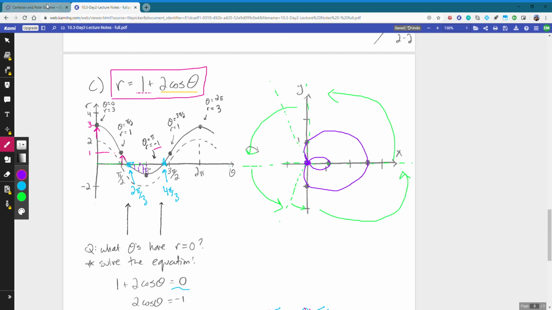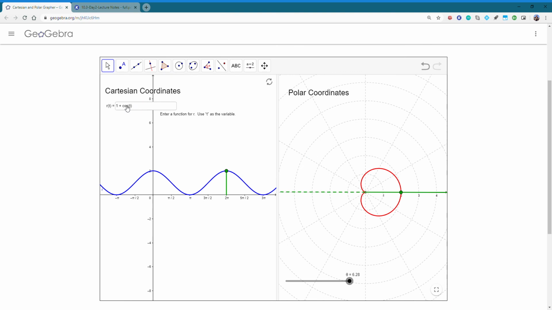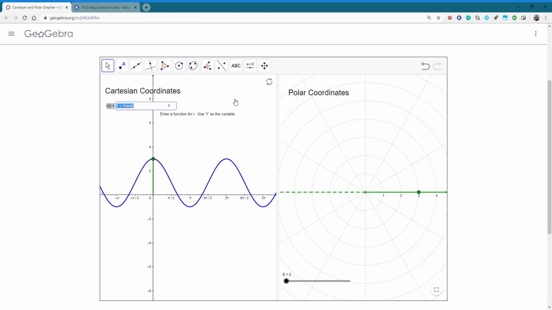Let's see that with the interactive. Let me rewind. So here we are as we increase theta. Our r is positive, but getting slurped in. Here r is 1 at pi over 2. It becomes 0 at our 2 pi over 3.